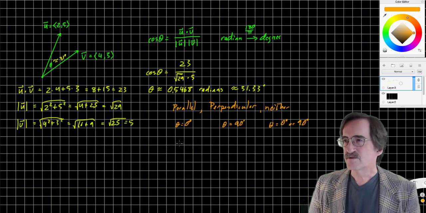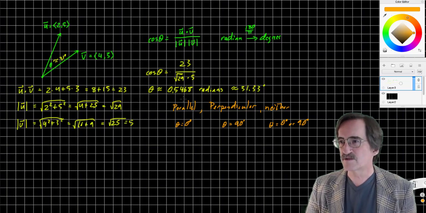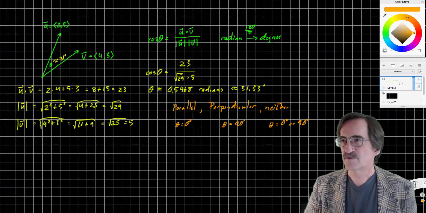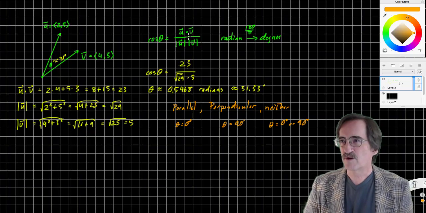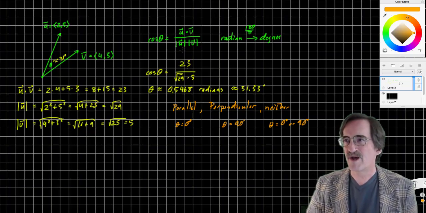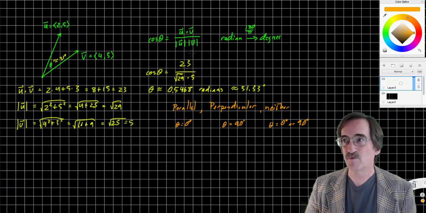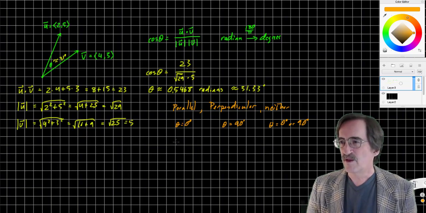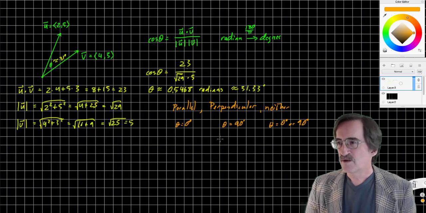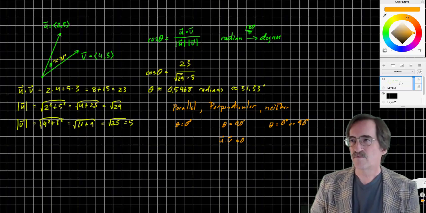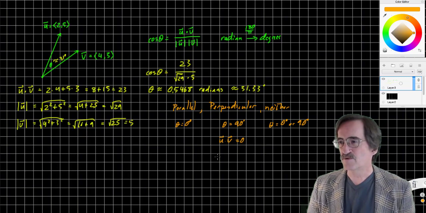Okay, it's a little bit easier to think of it this way. When theta is 0, cosine of 0 is 1, and so basically the formula u dot v over magnitude of u times magnitude of v is going to come to 1. And I already mentioned this: if u dot v is 0, if the numerator is 0, then the cosine of 90 degrees is 0, and the vectors are perpendicular.